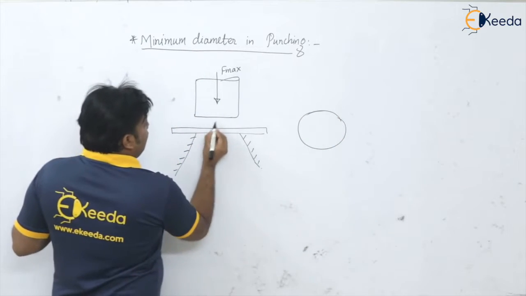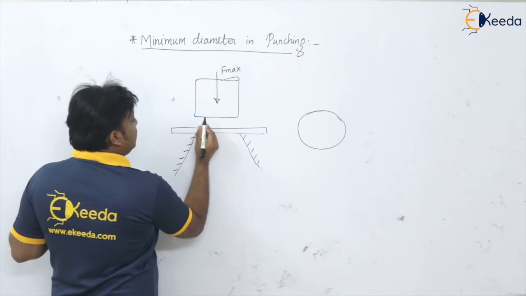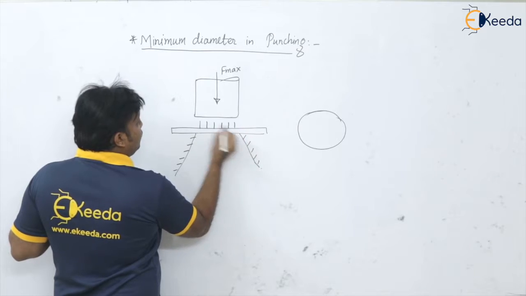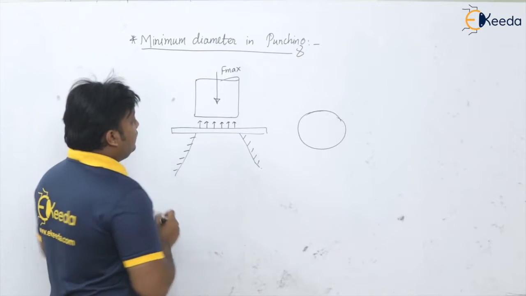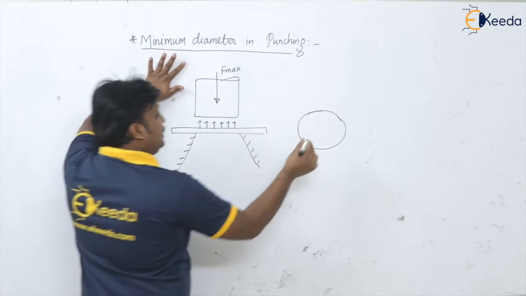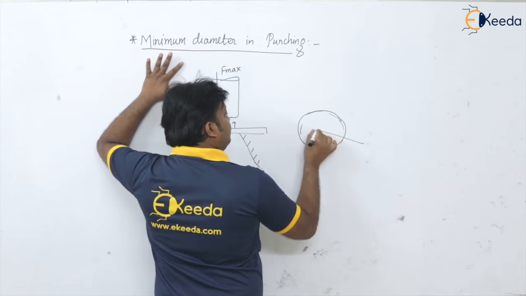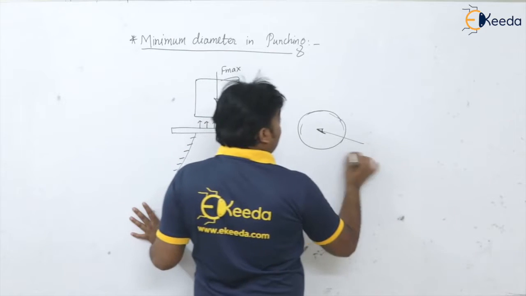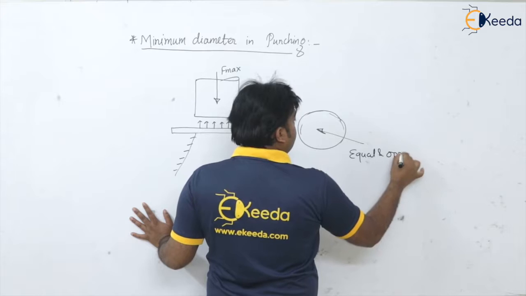So definitely, when the punch is applying the force on this sheet material, this sheet material also is going to have the equal and opposite reaction onto the bottom of the punch. See here, this is the bottom of the punch. Of course, on this, the sheet is also going to have the equal and opposite amount of force, isn't it? Equal and opposite.